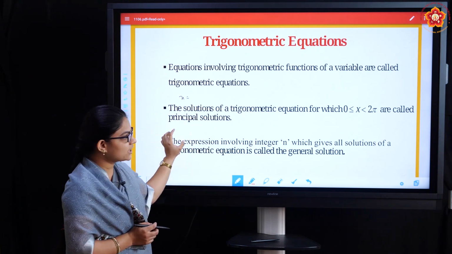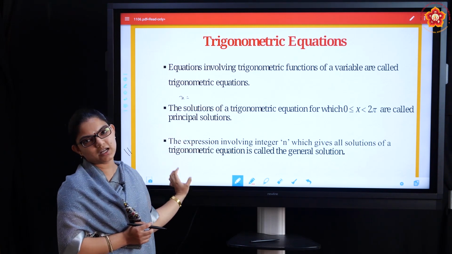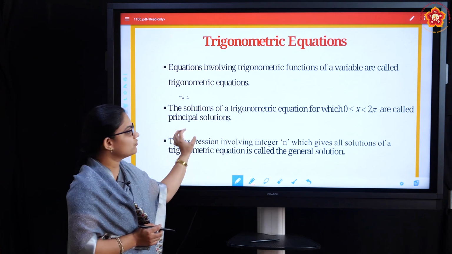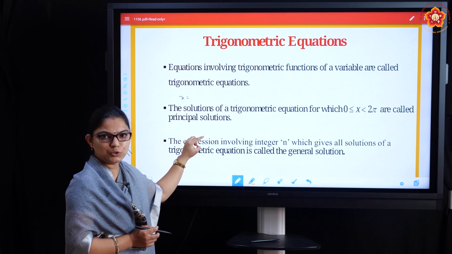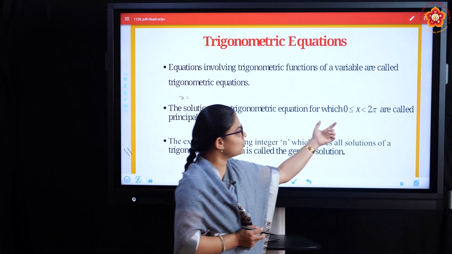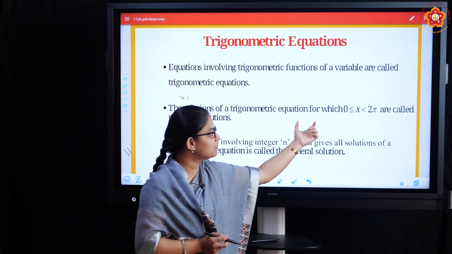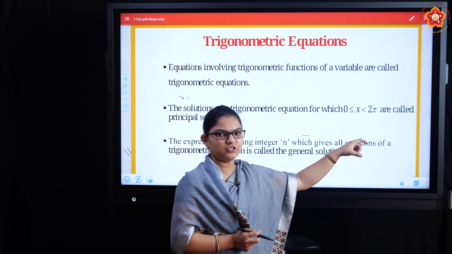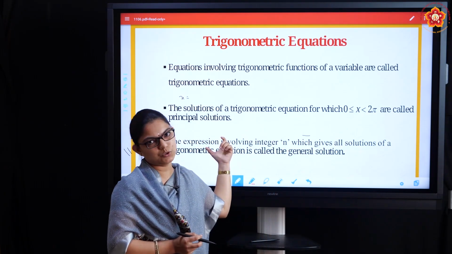Now there are two types of solutions, principal solutions and general solutions. What do we mean by principal solutions? If we are finding the solution in the range 0 to 2 pi, that is, we are not considering solutions below 0 and after 2 pi, such solutions are nothing but principal solutions.